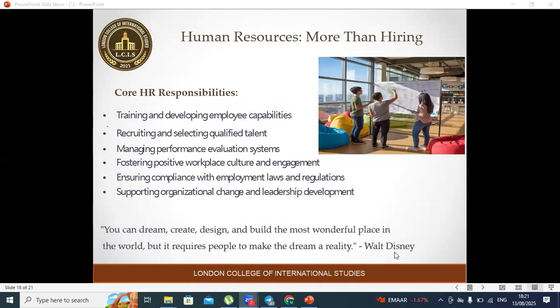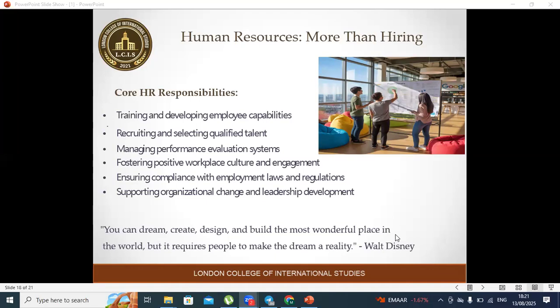Core HR responsibilities. So, if they do more than hiring people in the company, what are their responsibilities? First one, training and developing employee capabilities. Two, recruiting and selecting qualified talent, because just imagine we are offering a job, and maybe hundreds of people apply for the same job. So HR's responsibility is to meet these people and recruit and select qualified talent.